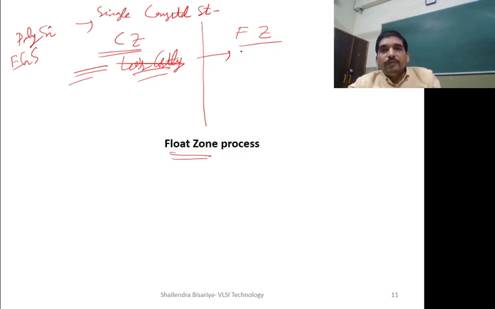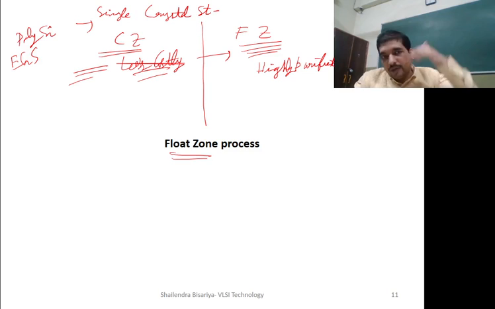Then what is the advancement in FZ? Why should we use FZ? If CZ is less costly, we should prefer that. FZ will be preferred when we need a highly purified form. It can purify in a much better manner. Impurities will be no more.